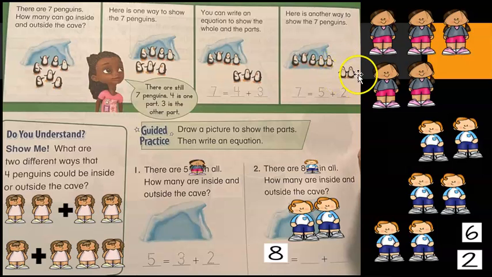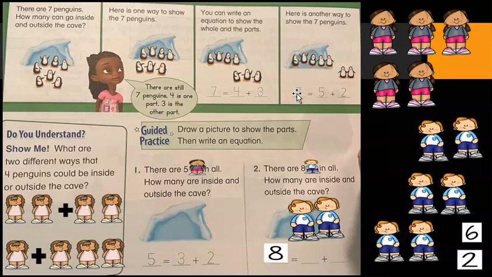So, since there are 2 penguins here, number 2 goes there. You see that? And then right here, you count these up, there's going to be 5. 1, 2, 3, 4, 5. That's why 5 is here. But when you add them all up, 1, 2, 3, 4, 5, 6, 7, that's your answer there, 7.